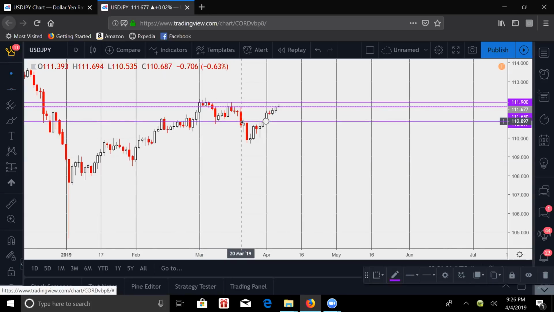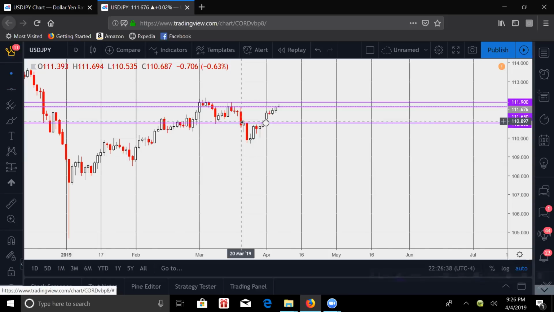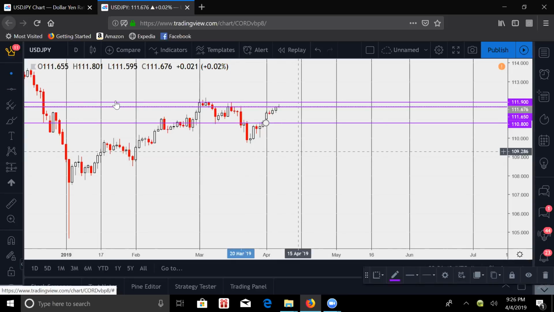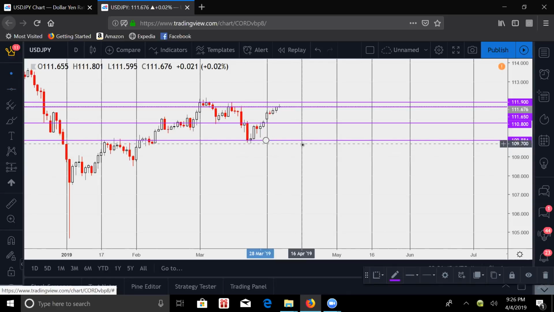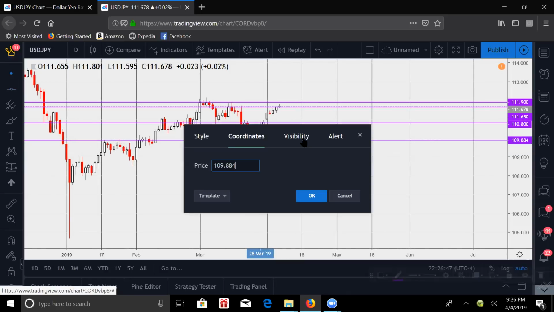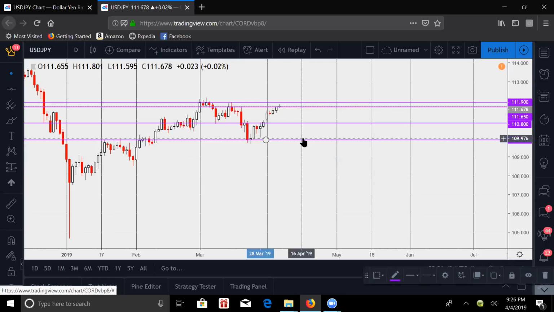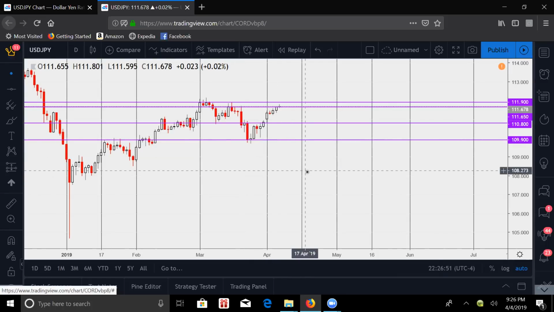So we'll do support. This is 110.800, and then I'll do this one right here, which is 109.900. Obviously, that's pretty wide, but when I get down to the 4 hour, I'll break it down a little bit more, if you can't understand why, just right here off of the daily, I mark these areas as support and or resistance.